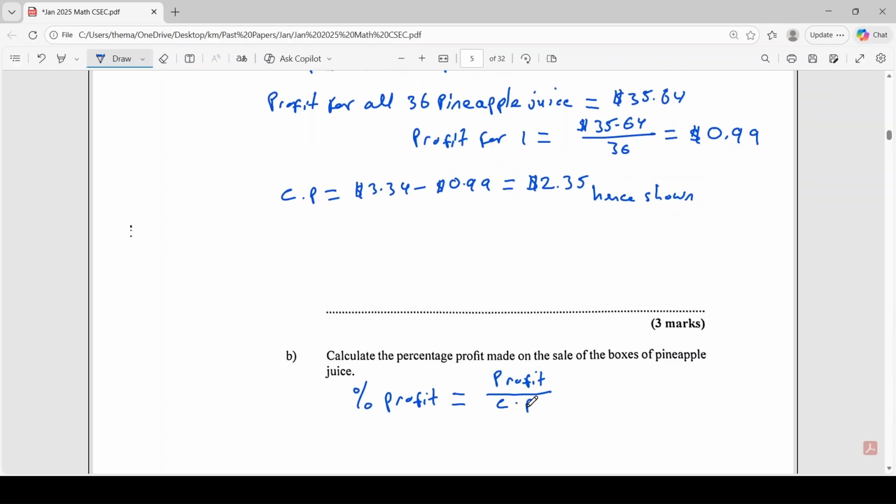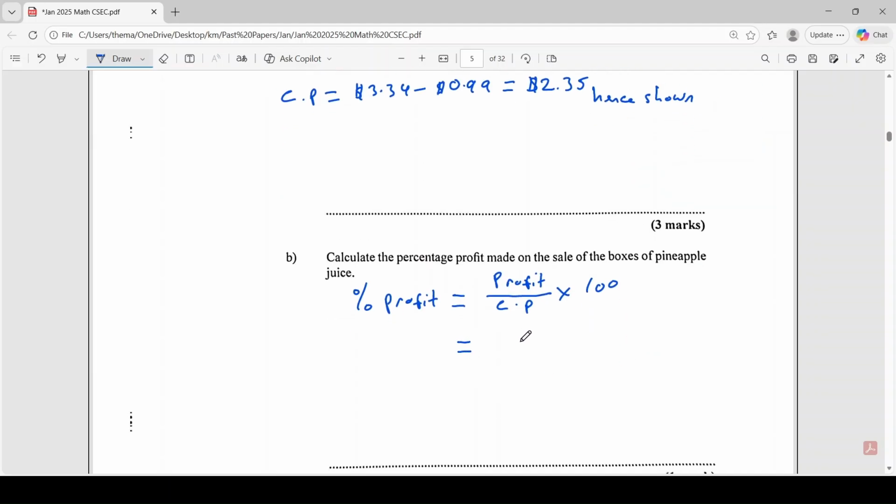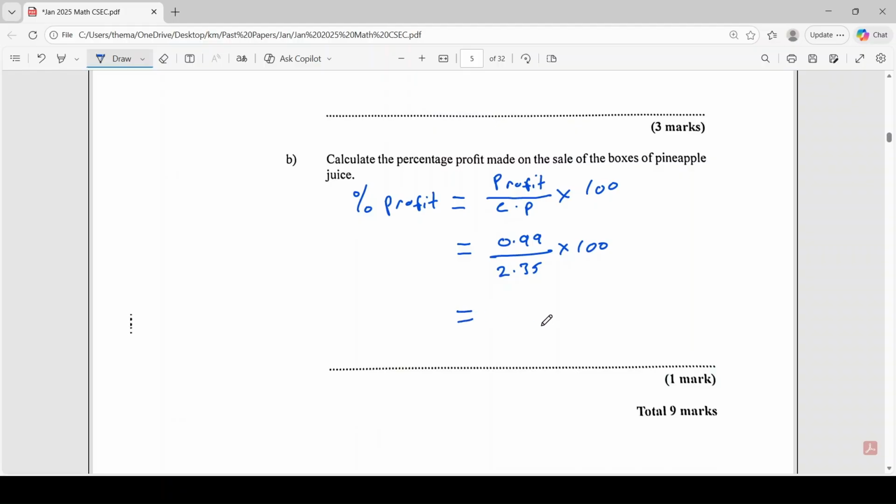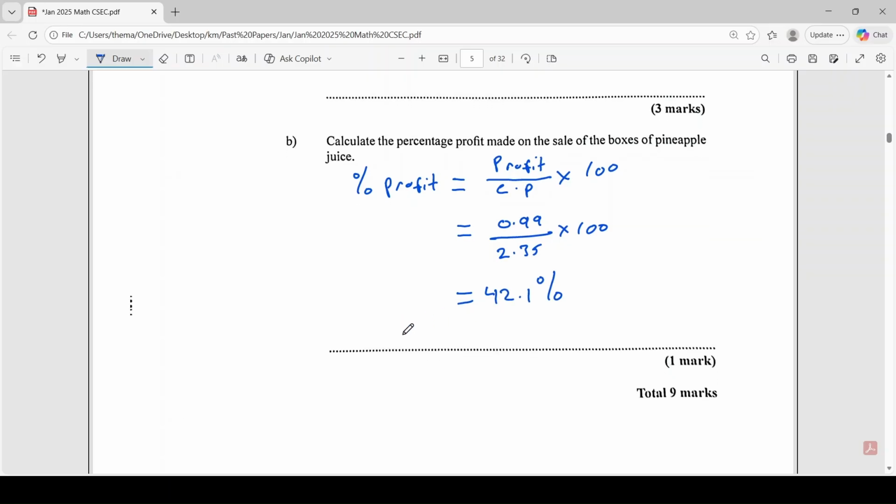So we write profit over the cost price multiplied by 100 will give me the percent profit. Your profit here was 99 cents. Cost price was $2.35. Multiplied by 100, and that will give me 42.1%. Right, so that was the end of this question.